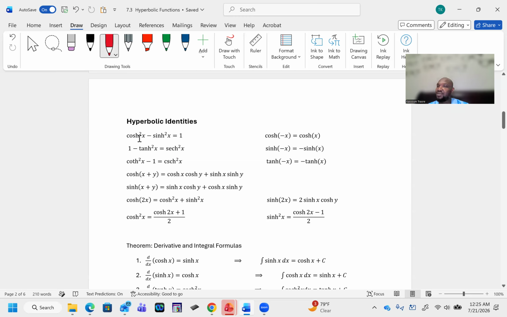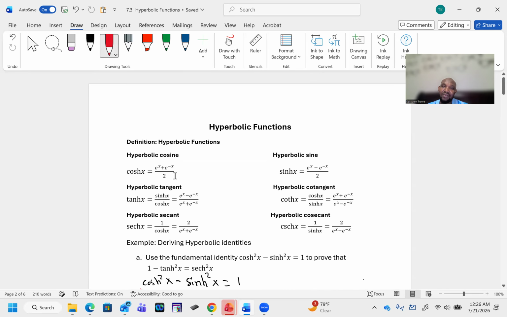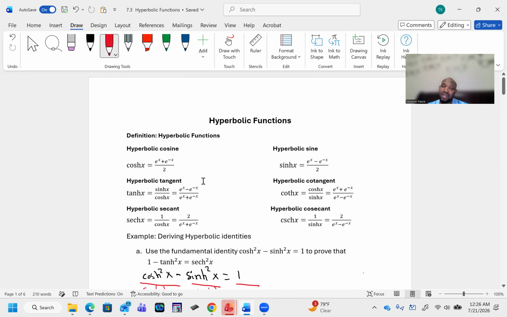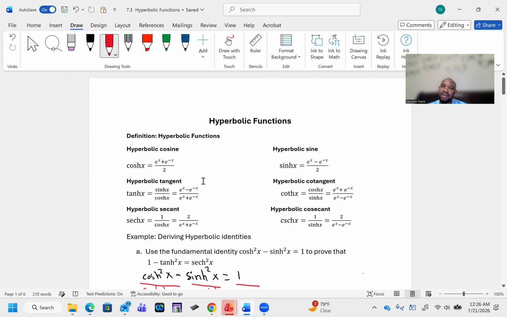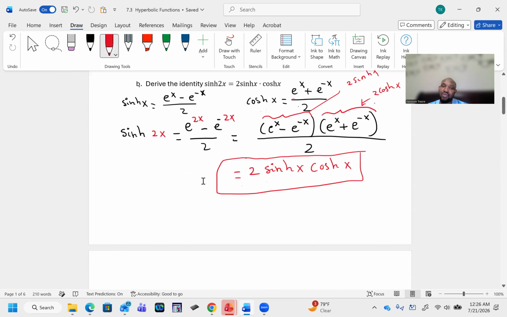Cosine square of x plus sine square of x is 1. But for hyperbolic identities, cosine square of x minus sine square of x is equal to 1. It's easy to prove, okay? All of this is easy to prove. You just need to use the definition to prove them. I don't want to spend time on proving here because you will not be asked to prove.